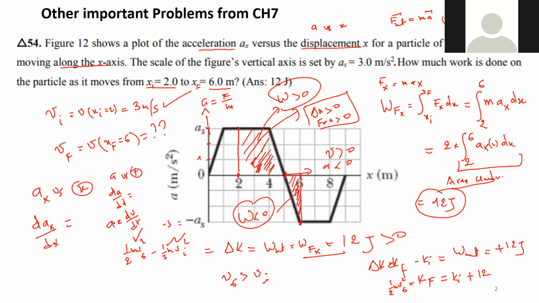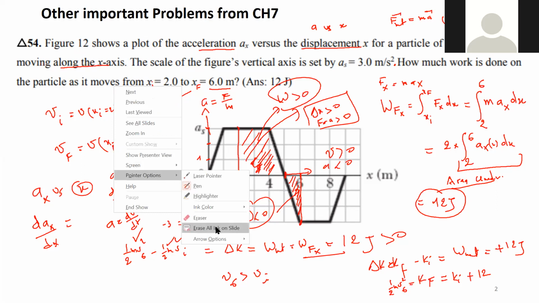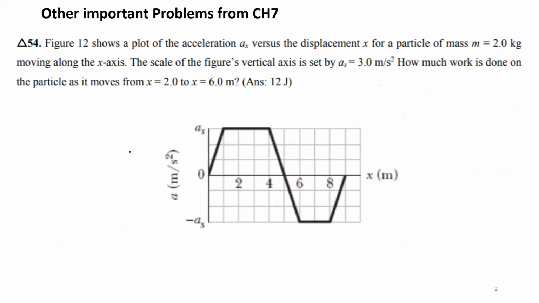Now, let's look at it this way. This is a good question, and this is what I expect from students. So here I have a versus x. What is the derivative of a versus x?